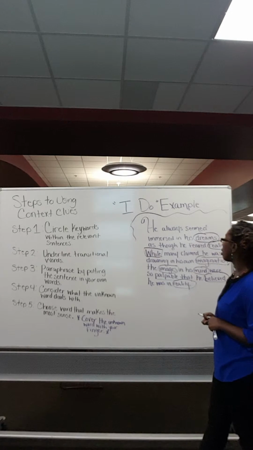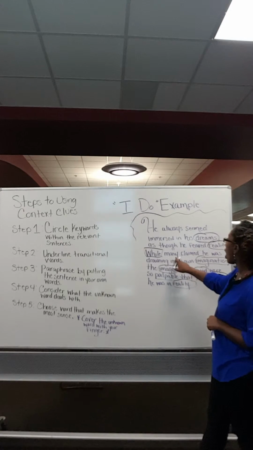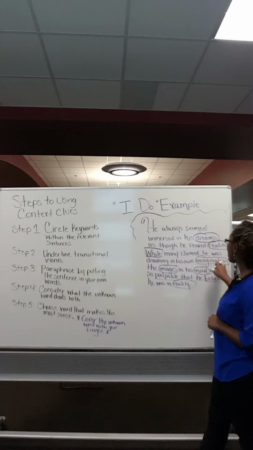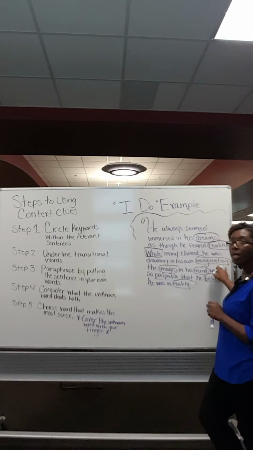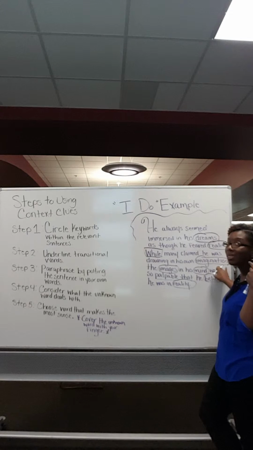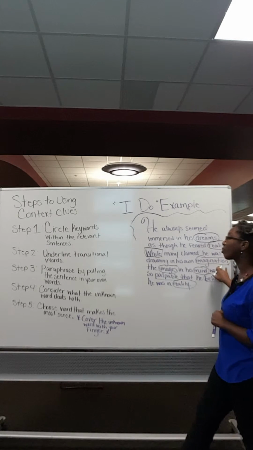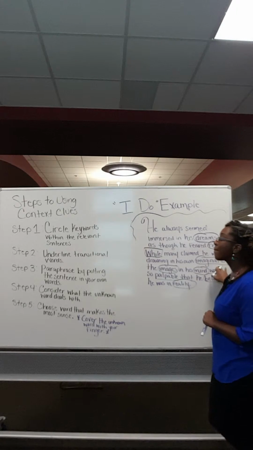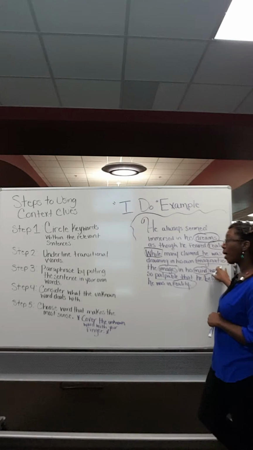And I use that by saying, while many claimed he was drowning in his imagination, that must mean whatever is said after that, maybe it's the opposite of what he considers to be his imagination. I don't know yet. Step 3, paraphrase by putting the sentence in your own words.